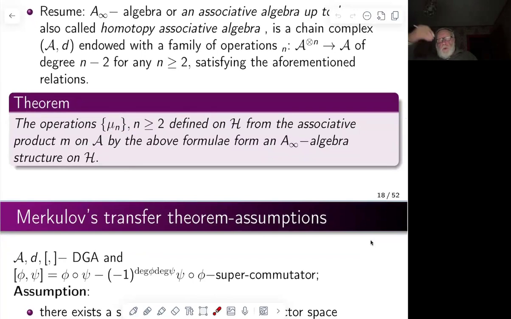So each time when you go from associativity up to homotopy, you obtain this new and new Stasheff relation.